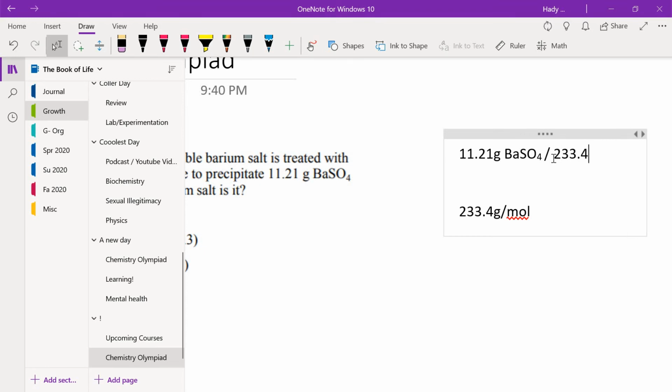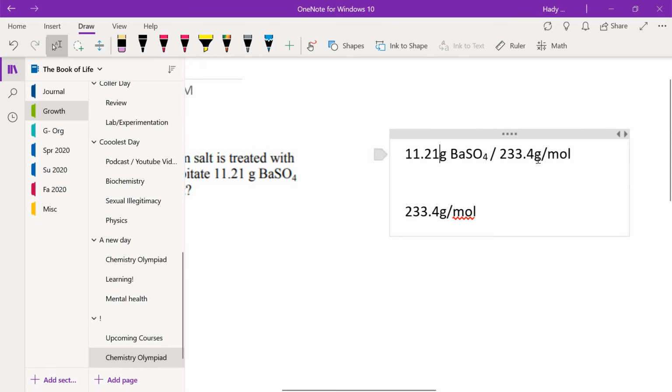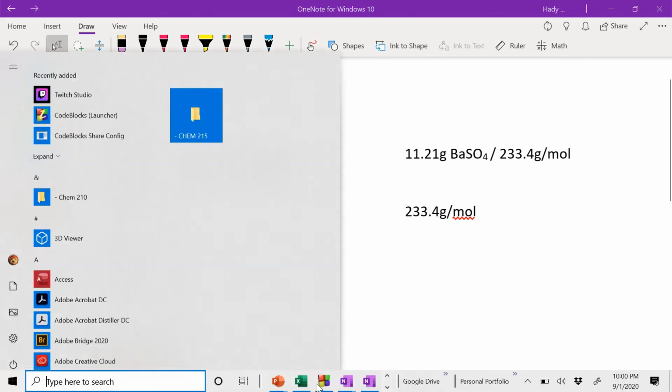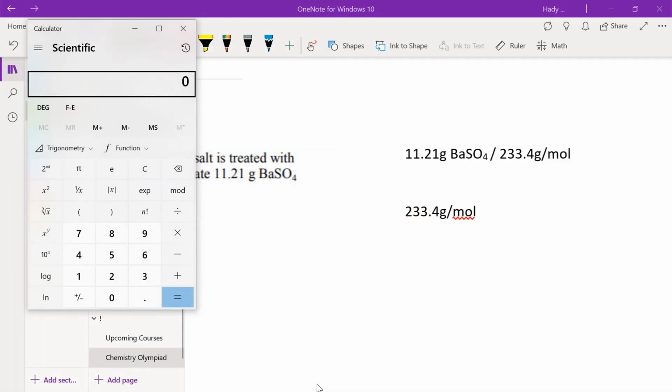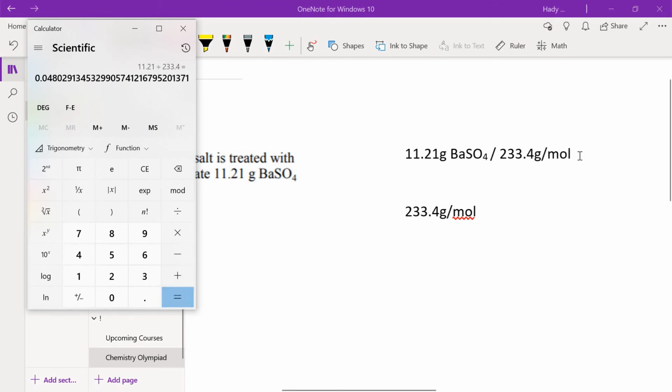I would also try canceling out units. So 233.4 grams per mole. Grams divided by grams is nothing. You're dividing by 1 over mole, so you're getting it on top. If that makes sense. It kind of does to me, though I don't know how intuitive it is the way they teach that bit.